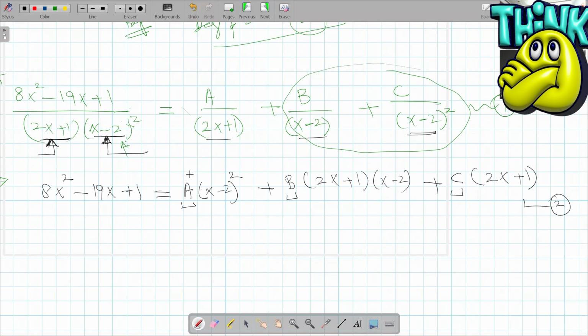So the other method is to compare the coefficients of like powers of x on both sides. This we will apply. First of all, we will put the value for each linear factor. For the first linear factor, we will put x equal to negative 1 over 2 in equation number 2.